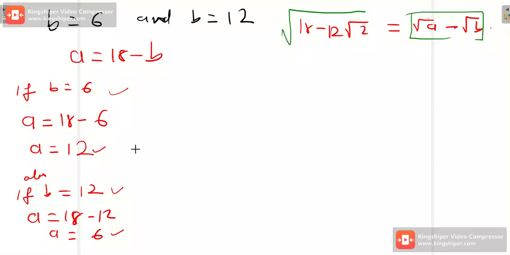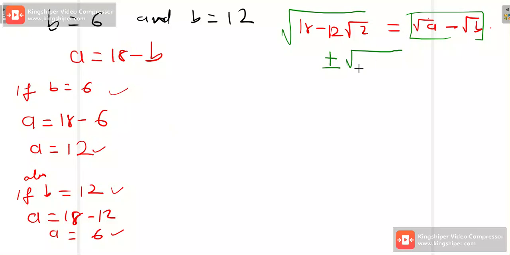But let's take note that the answers can be 2. Since we didn't specify, the answers can be 2. So what we will do is introduce plus or minus, then we write a and b. Here we can choose any of the values. So we can say that let a be 12.